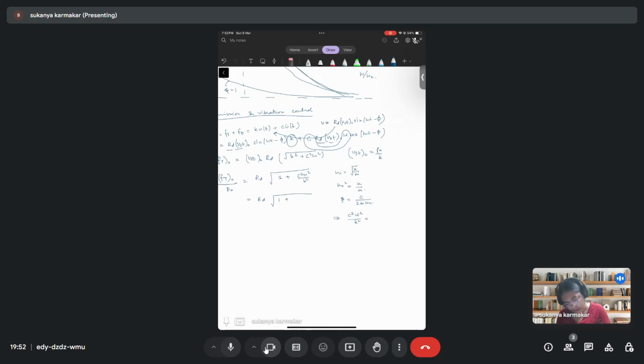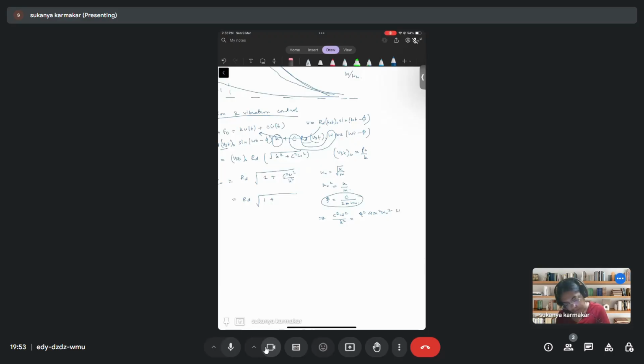In case of c square, I want to write zeta square into 4 m square omega n square from this equation into omega square, and k square I'm writing as omega n to the power 4 into m square from this equation.